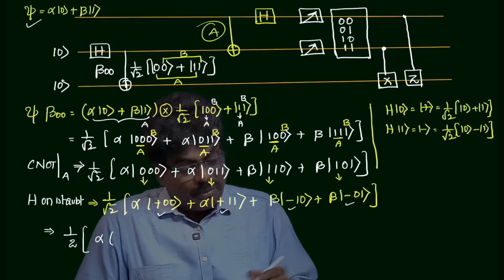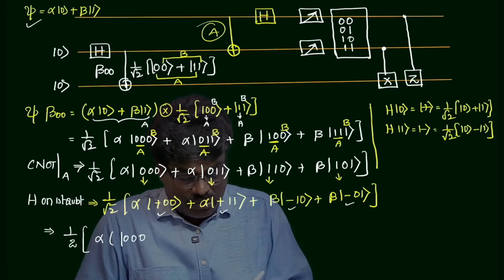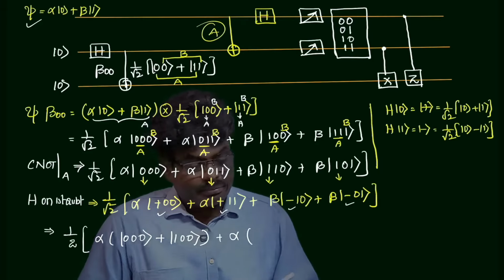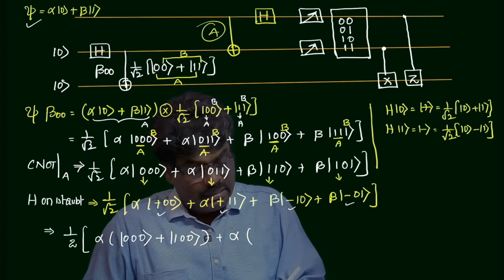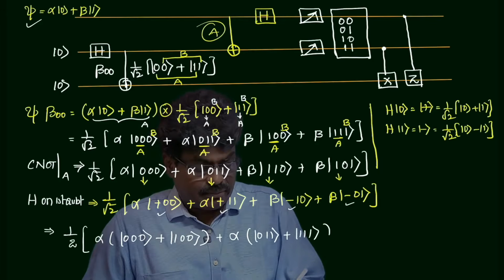If you substitute plus, this will become 0 0 0 plus 1 0 0. Next again alpha. Now again I am substituting the diagonal state plus, that is 0 1 1 plus 1 1 1.